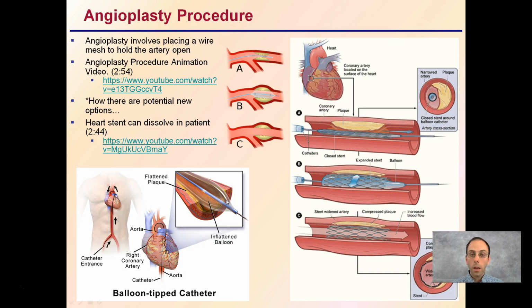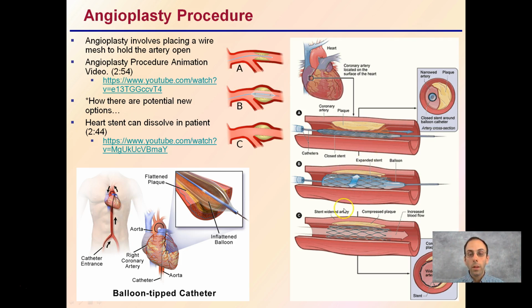How we negate heart attacks, or how they may hopefully be prevented if detected early, such as blockages in the coronary artery, would be through an angioplasty. An angioplasty involves placing a wire mesh to hold the artery open. They will insert this wire mesh through a long tube, typically in the groin region, work its way up to the heart, ultimately getting to the blockage region, and then literally like a balloon, they open this up and plaster the plaque against the sidewalls.